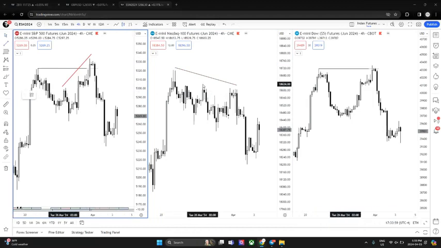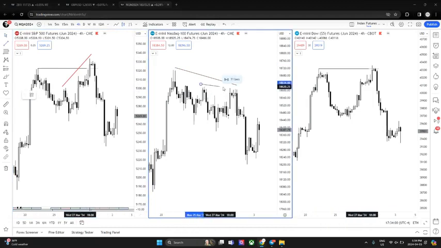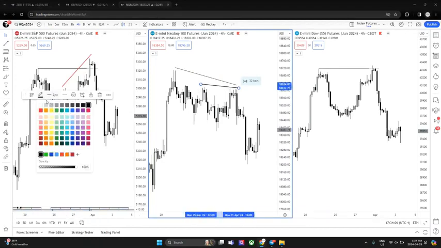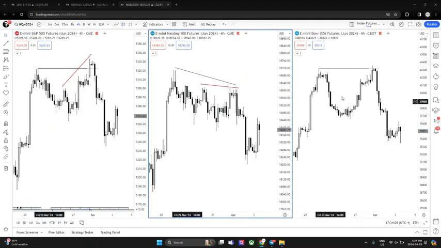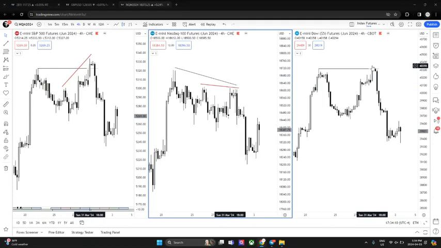And then we had this right here, price failing to break above this high. Then here we had price overextending from its high as well.